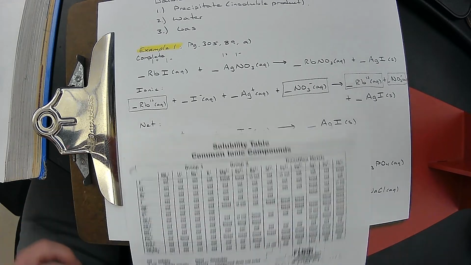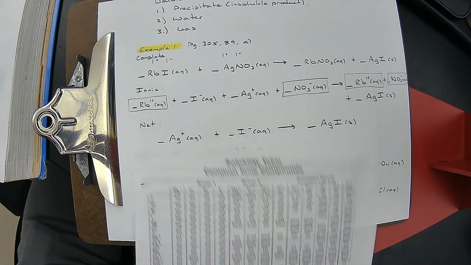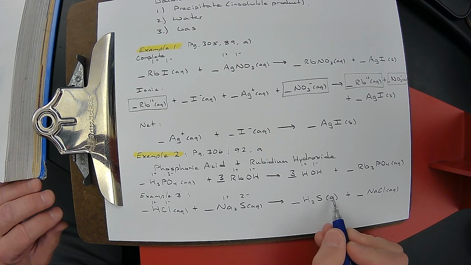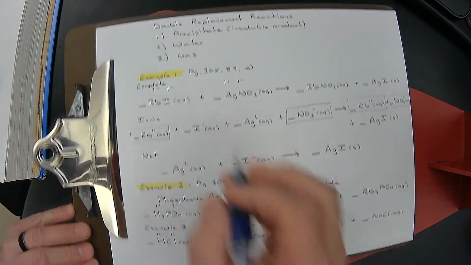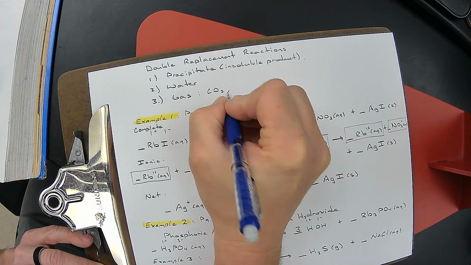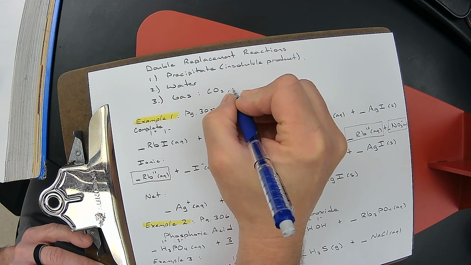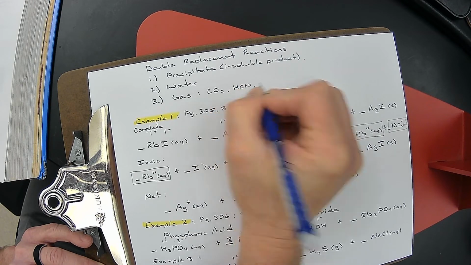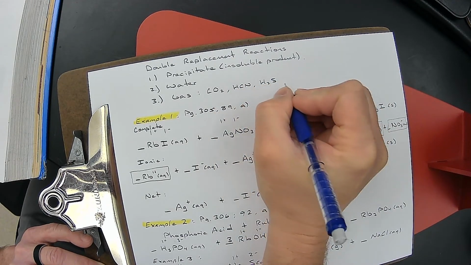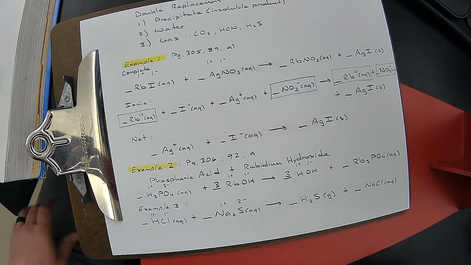The way I know that is if I looked up NaCl, it shows that it's soluble, so it's an aqueous solution. I know that this is a gas because there were 3 gases that we talked about forming. One is carbon dioxide, one is hydrogen cyanide, and the other is H2S, hydrogen sulfide. Any of those gases being formed, we write it as a gas.